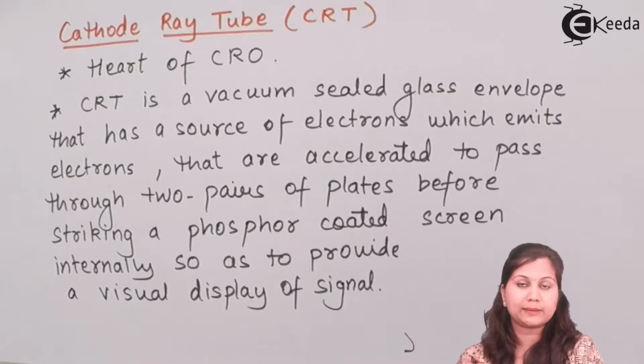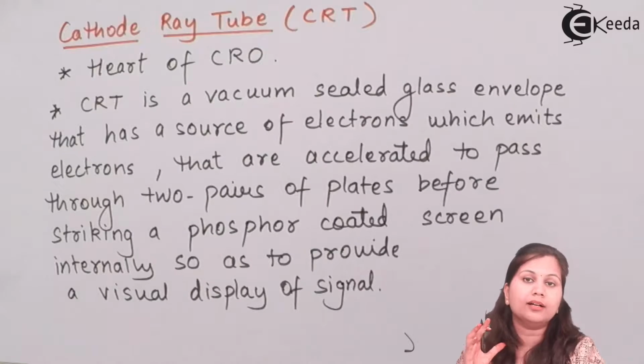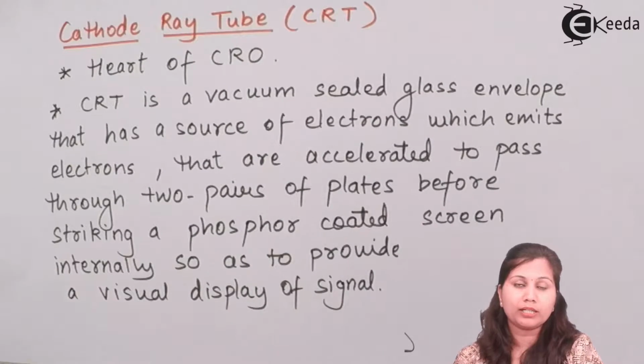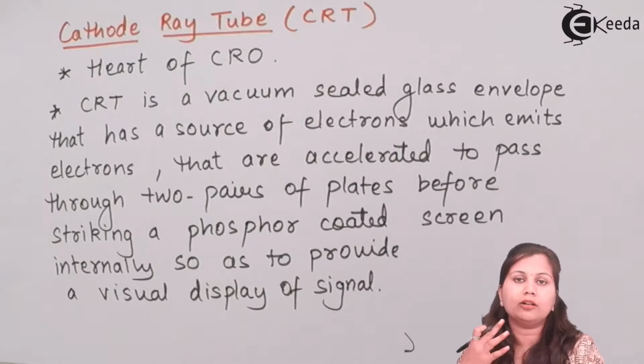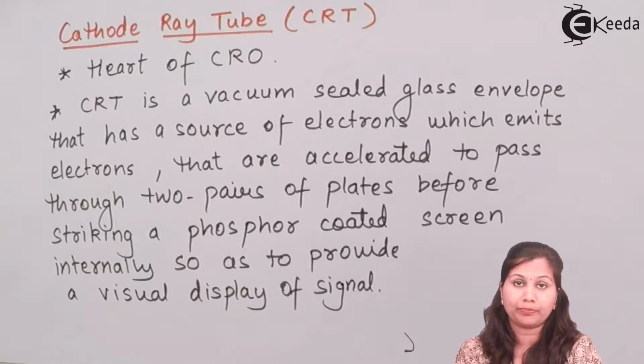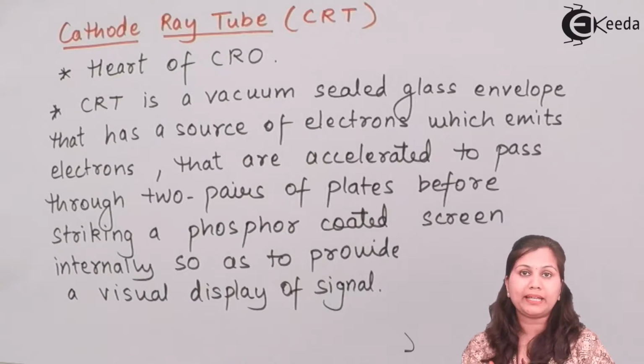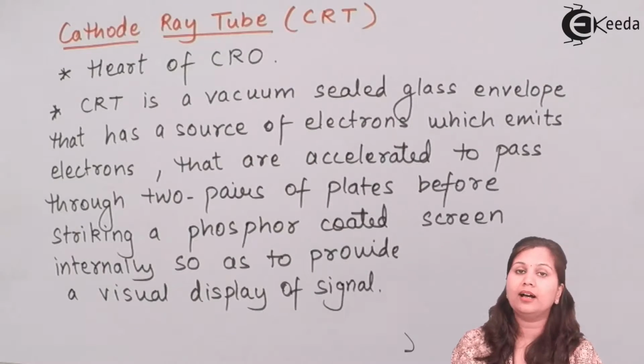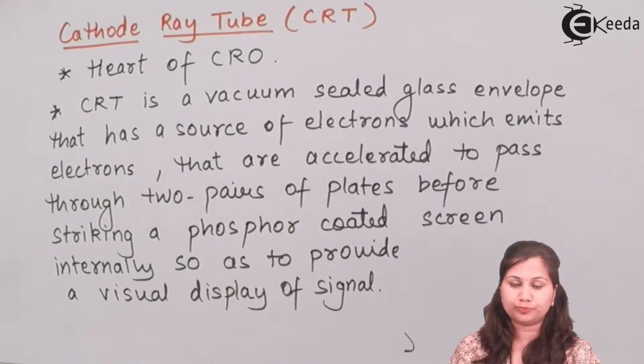When this beam of electrons strikes the phosphor screen, it produces a luminous spot and displays the input signal on the display area. So the main part of displaying the waveform is done by the CRT. That is why it is known as the heart of the CRO.